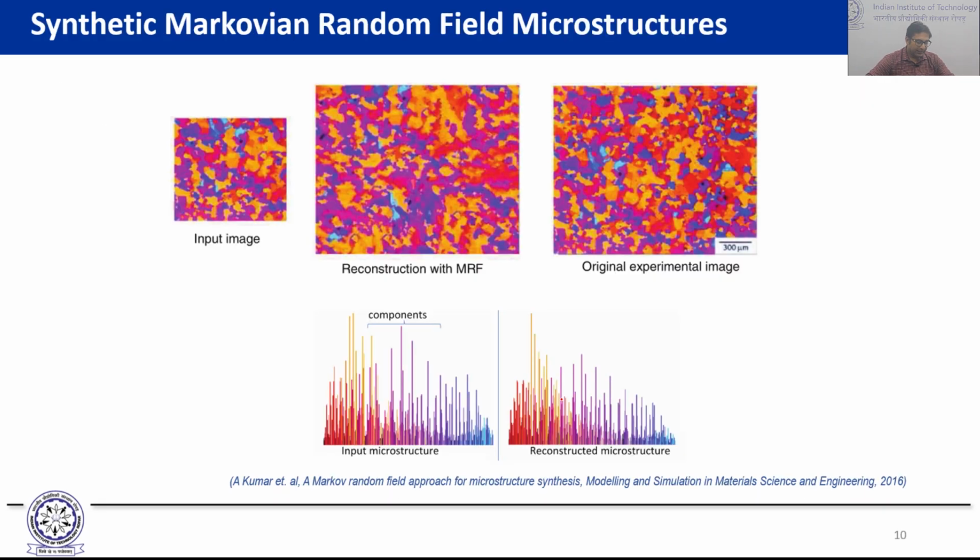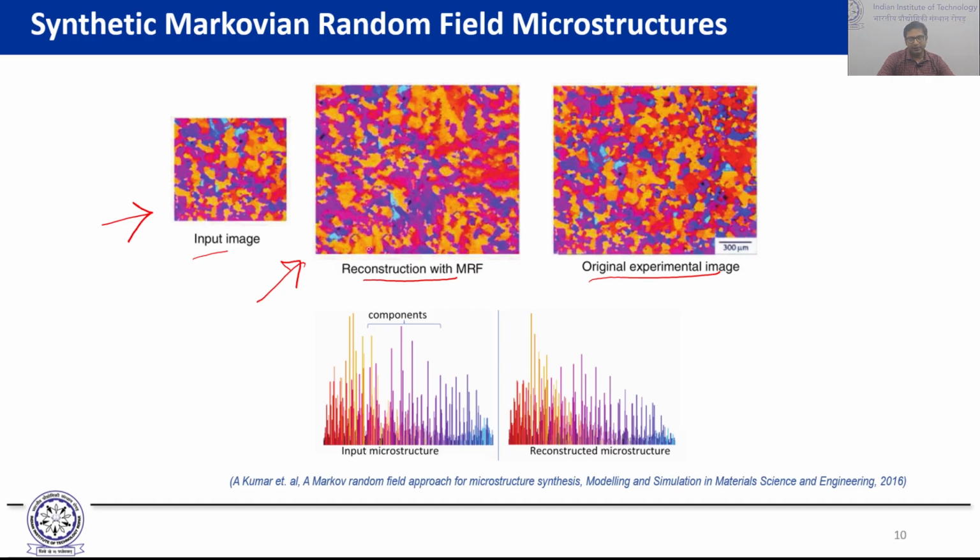Just to give you an idea, if you start with an input image which looks like this, you can create larger reconstructed images with Markov random fields. If you look at the input image and this reconstructed image, you will notice that these images look visually very similar. If you look at it pixel by pixel, point by point, you will see that these are actually different images.